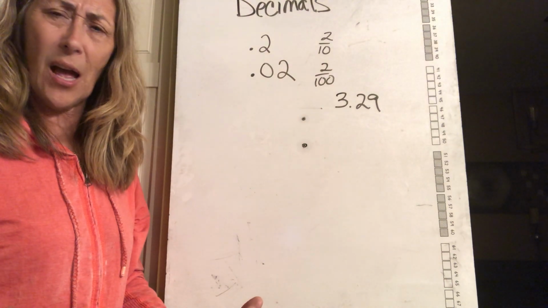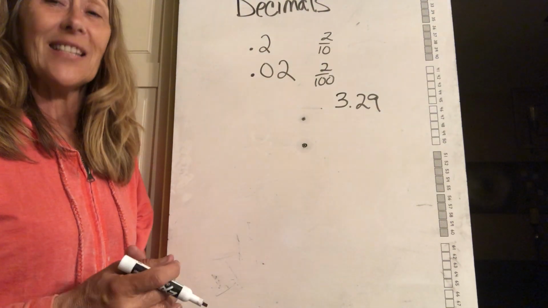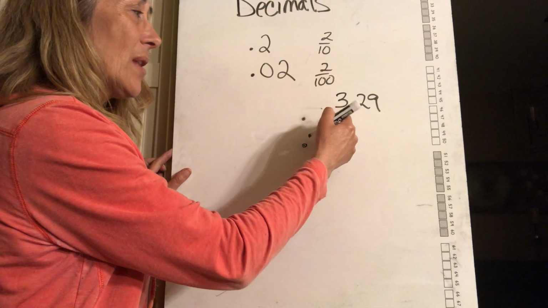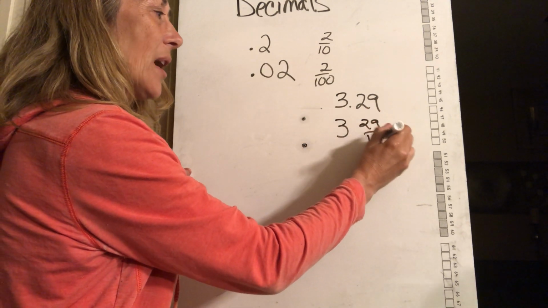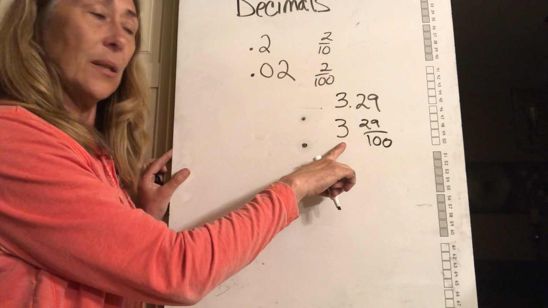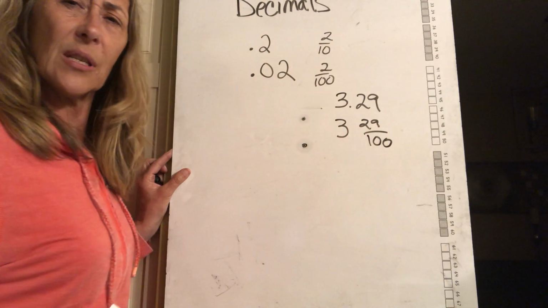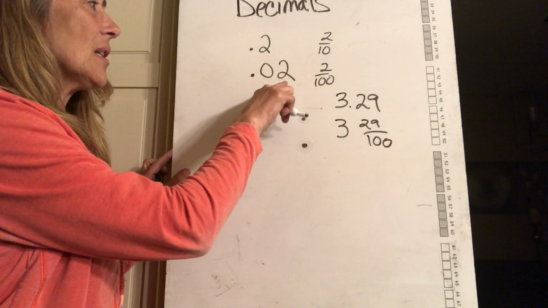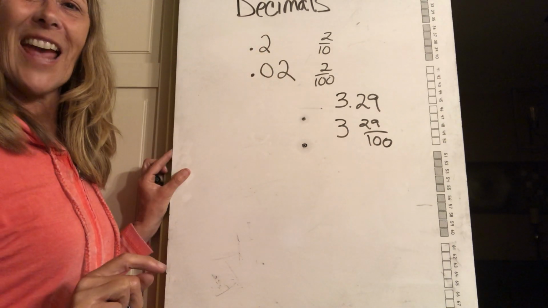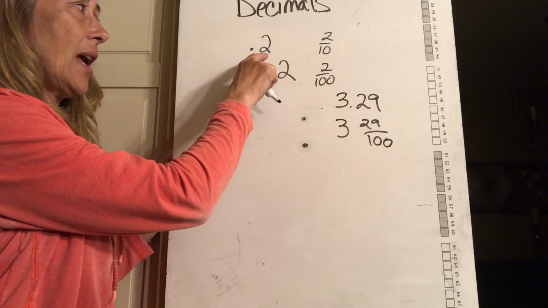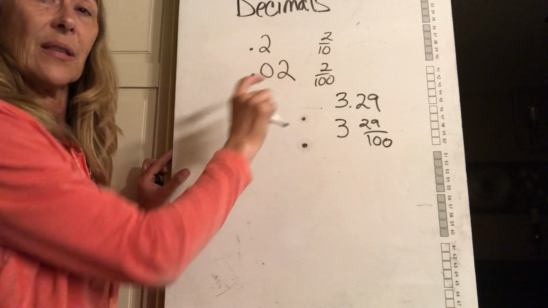How many pennies in a whole? Takes 100. So this is 3 and 29 hundredths. 3 wholes and 29 parts out of 100. These are parts out of 100. This is parts out of 10. Tenths, hundredths.